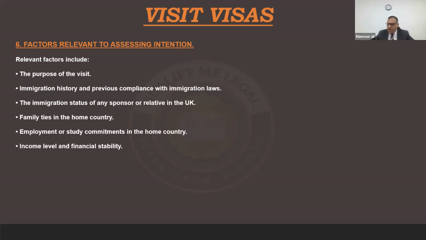Now, the purpose of your visit. As far as the purpose of your visit is concerned, the Home Office is expecting you to provide in detail, in the case of a standard visitor visa, where you are going to go whilst you stay in the UK. It's quite important for you to inform the Home Office of the whole details of your stay in the UK. For the sake of argument, if you are going to move around the UK, then explain to them, I'm going to stay at this place.